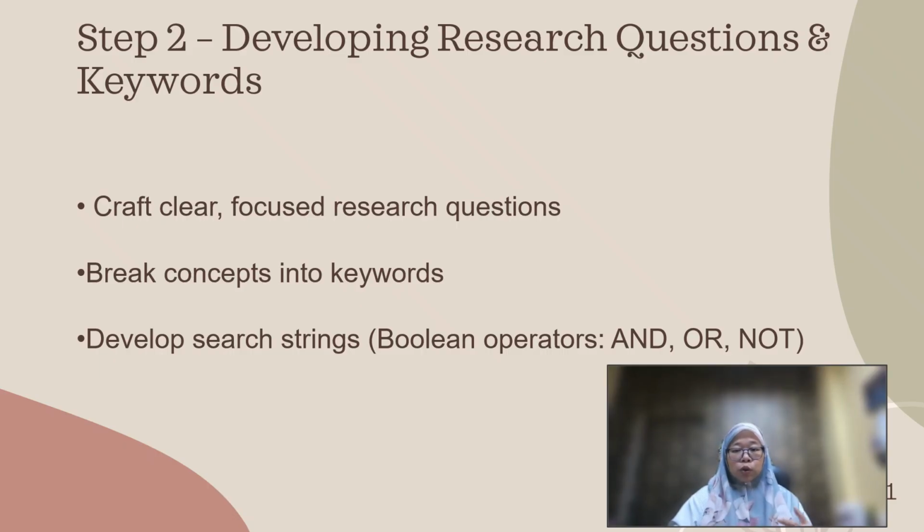Then you should combine these keywords using Boolean operators, such as the words and, or, and not, to create an effective search string. This will help you to increase the accuracy and the efficiency of your search. In the content of the topic, you can also see where I have shared some of the steps or ideas on how to use the Boolean operators.